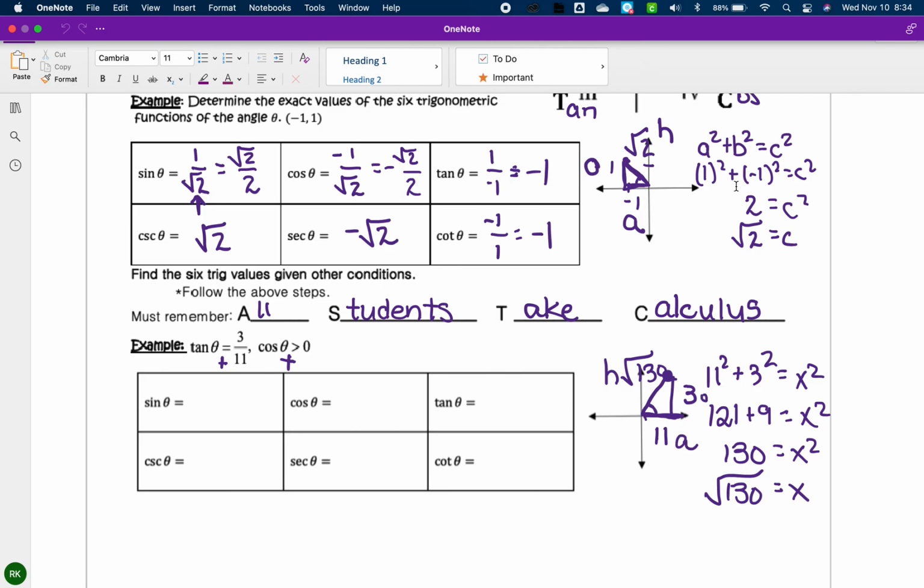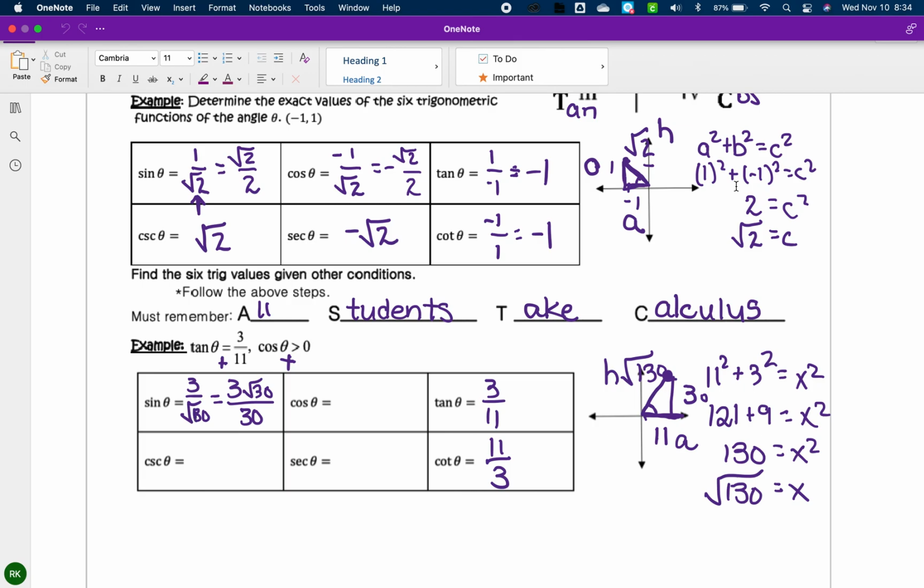Okay. Tangent is 3/11, which means cotangent is 11 over 3. Cosine is 3 over square root of 130, which rationalized would be 3 square root of 130 over 130. Sorry, 130.